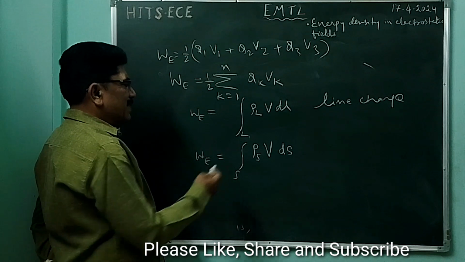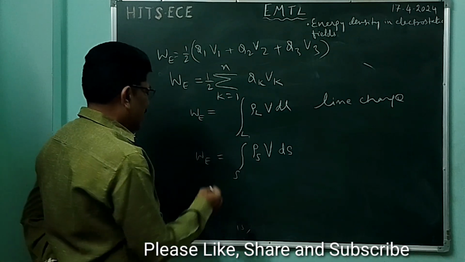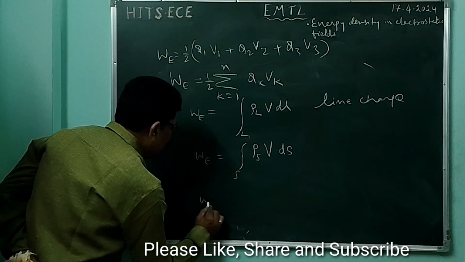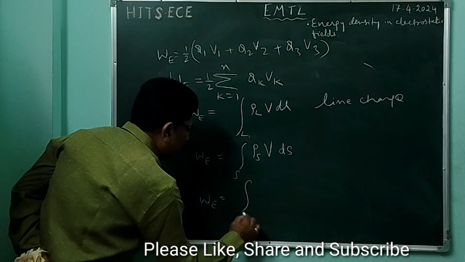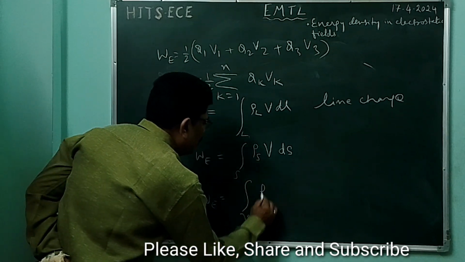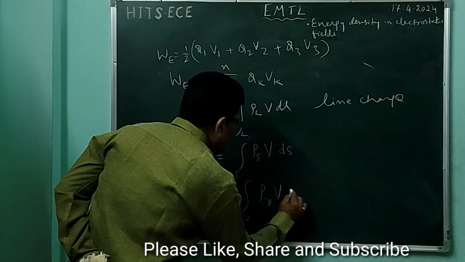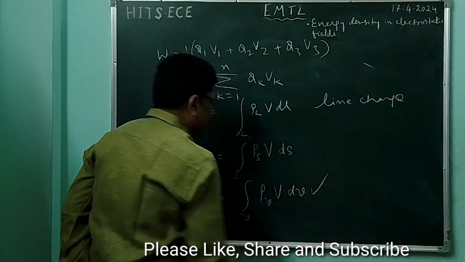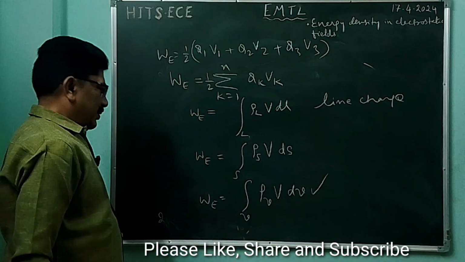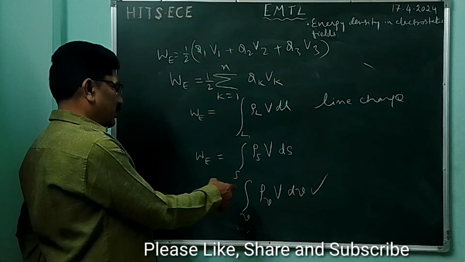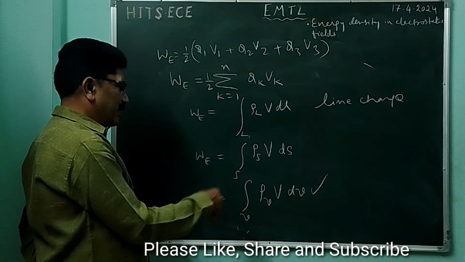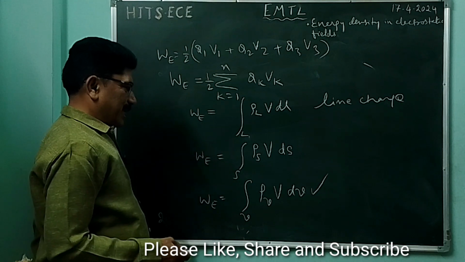If there is a volume charge, the work is ∫ρ_v V dv. We will deal with this for the work done in moving a volume charge from infinity to that empty space.